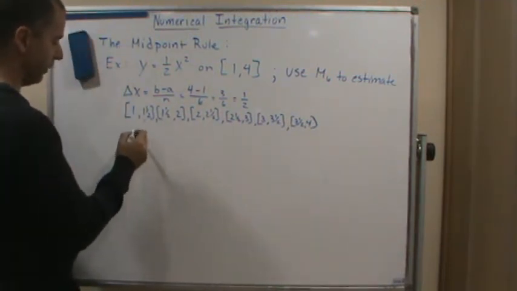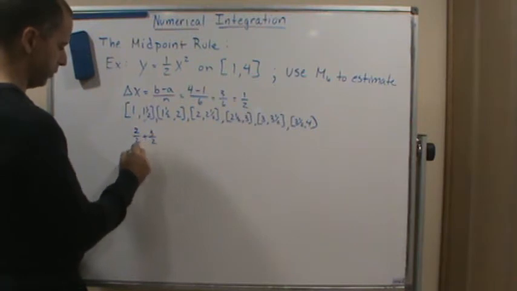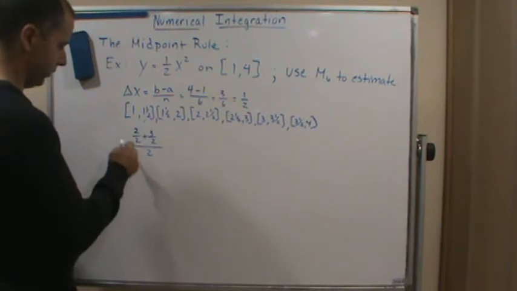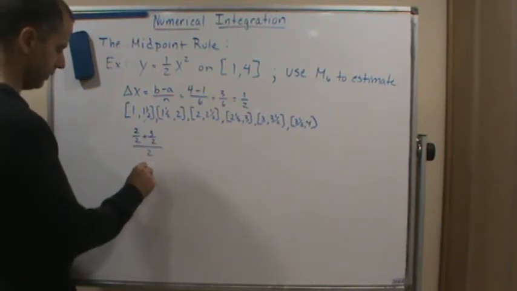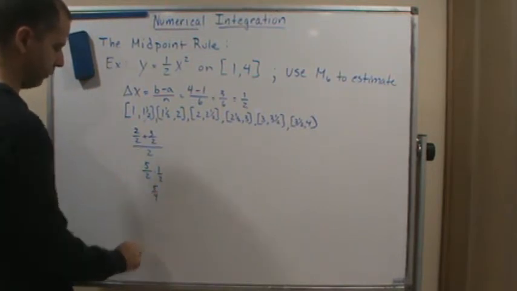Okay, so the halfway point between 1 and 3/2 is going to be 2 over 2 plus 3 over 2, divided by 2, which is 5/2 times 1/2, which is 5/4.